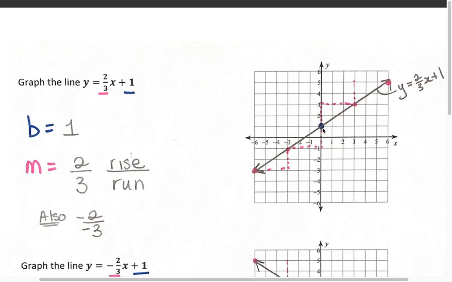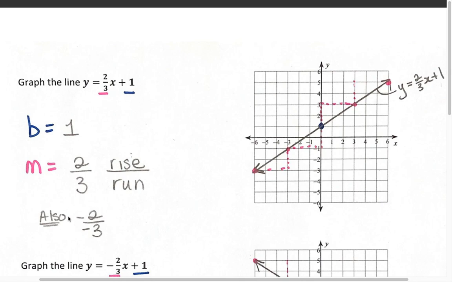Okay. I also want to point out to you that you can also go in the other direction. That's because the fraction 2 over 3 is the same as the fraction -2 over -3. These are equivalent fractions, because a negative divided by a negative gives a positive back. So 2 over 3 is the same as -2 over -3.